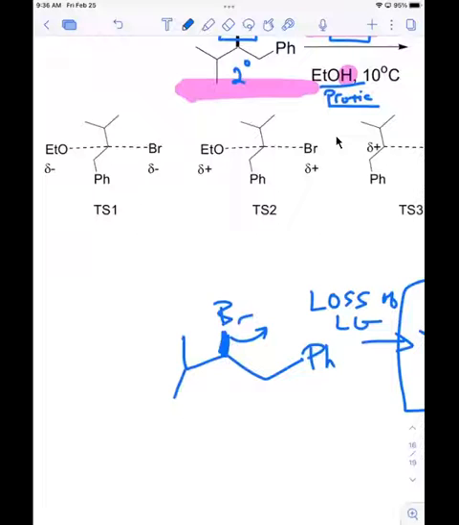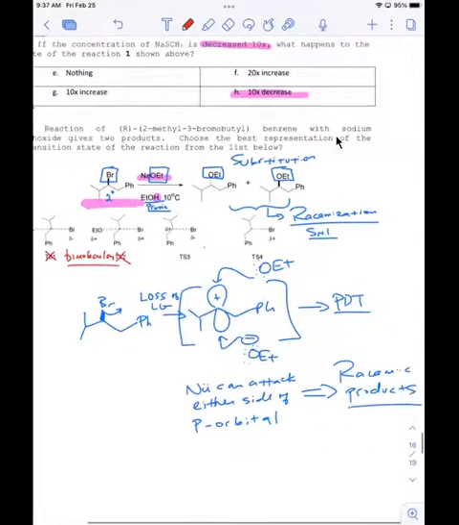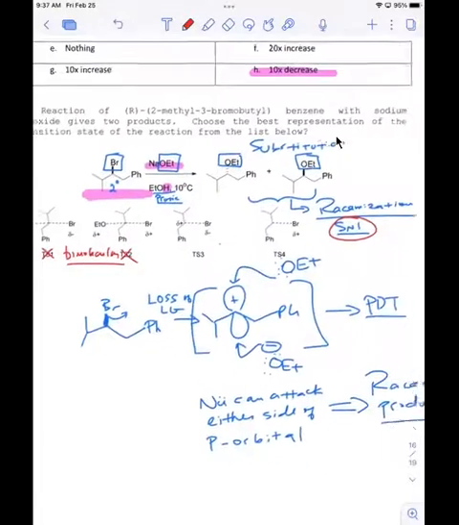Yeah. Oh, I thought we were doing it for the whole thing. Okay. I was asking which ones can we rule out, so we can rule these two out, right? Because these are both bimolecular, but we just said that this was an SN1 mechanism, so we know it's unimolecular, so we can rule those two out right away.